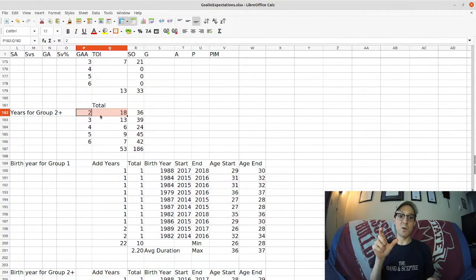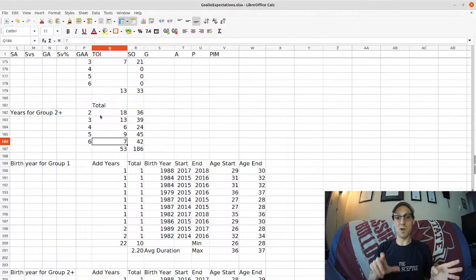So 18 goalies did 2 of 6 years, 13 did 3 of 6, 6 did 4 of 6, 9 did 5 of 6, and then 7 did 6 of 6. So not many goalies. Like only 7 goalies were consistent for a full 6 seasons.